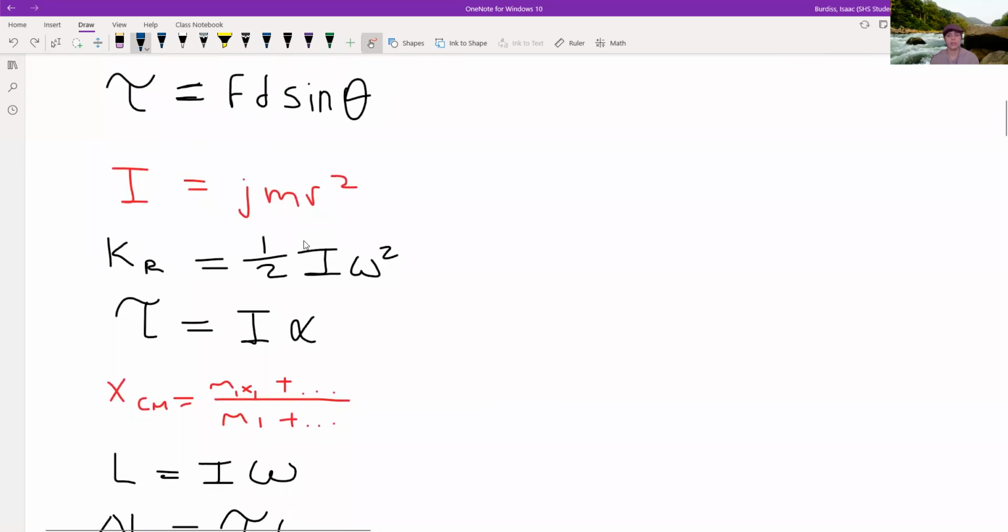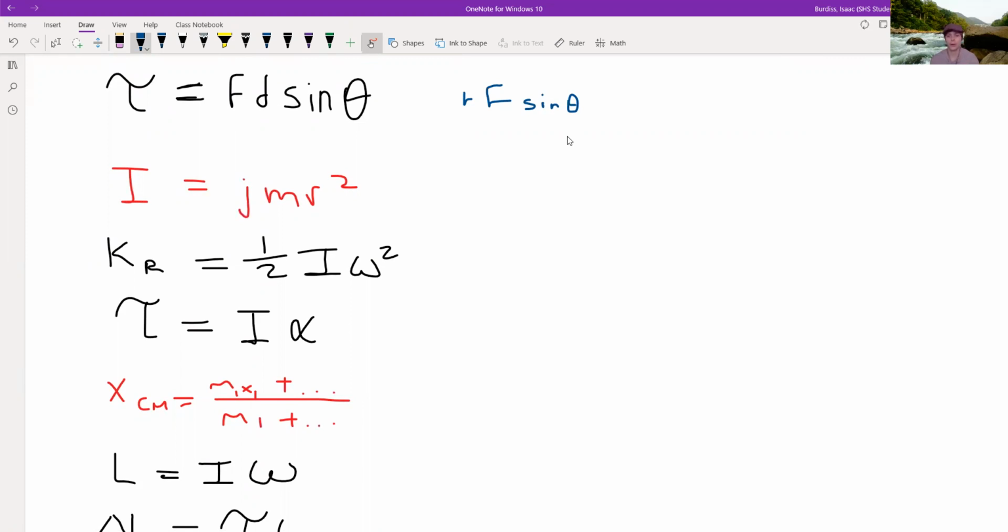Here's your torque equation. I know that's not how it is on the formula sheet. It's r F sine theta, but I think it's easier to remember just F d, where d is the radius. It helps me because I think torque and then work. So I just call torque Turk.